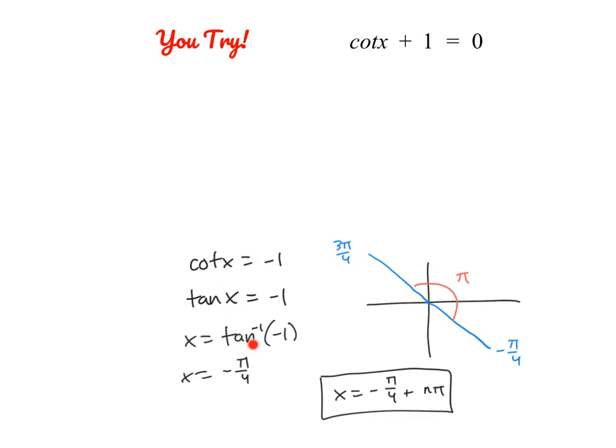And so x is going to equal the arctangent of -1, which remember, arctangent, its range is from negative pi over 2 to pi over 2, so this value is negative pi over 4. But we know that tangent is also negative in quadrant 2. So the tangent of 3 pi over 4 is also -1, and you'll notice that these two angles are exactly pi units apart, so they're going to keep reoccurring if you add or subtract any multiple of pi. So here is our answer.